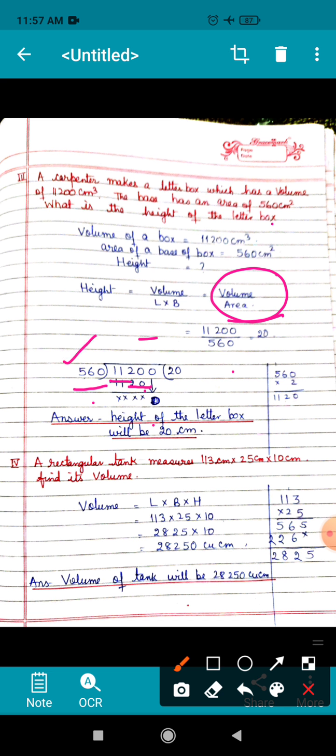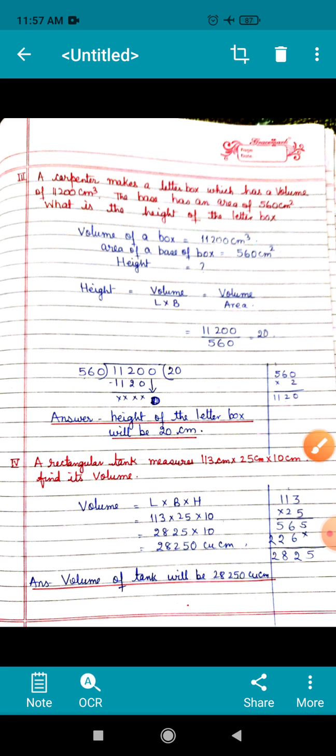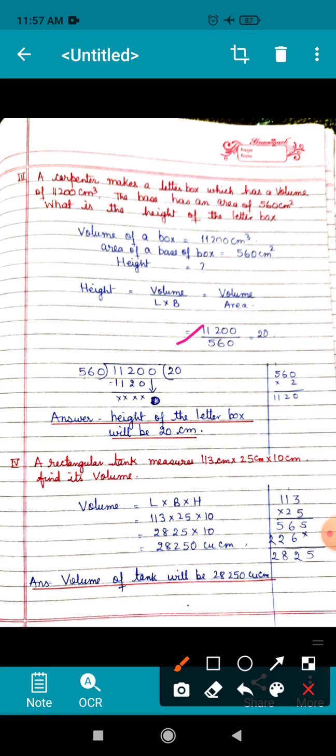Now 56 table in 112, how many times it will go? 2 times. So 560 2s are 1120. Cancel, then copy down 0. Now this time you cannot read table, so here it will be 0. It means height of the letter box will be 20 centimeter.